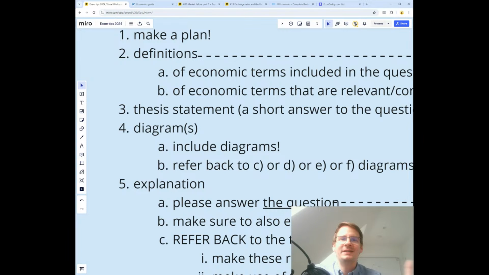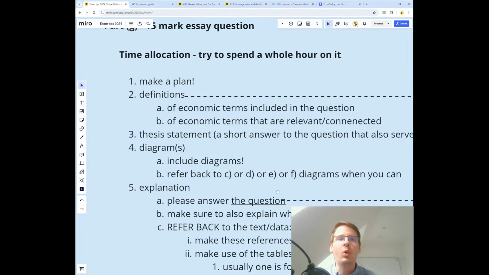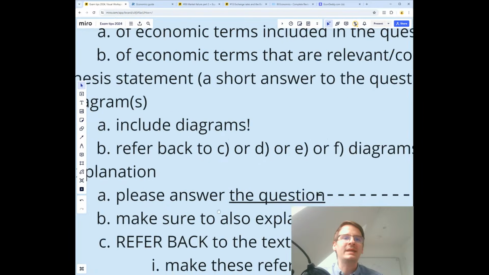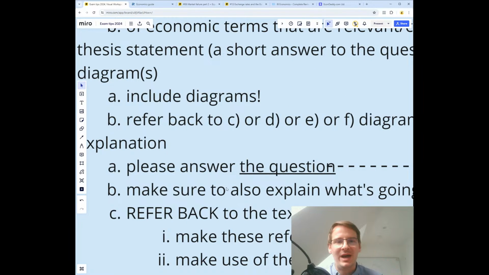Okay, so discussing the importance of national income statistics when you are trying to measure living standards, maybe in that case you don't have to draw a diagram, but I would say 95% of the cases you would need to draw diagrams. And here too, in the paper 2 part G question, draw diagrams or refer back to the diagrams that you have already drawn. Make use of these.